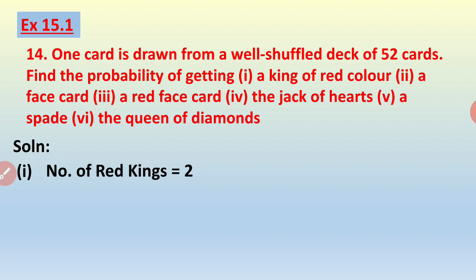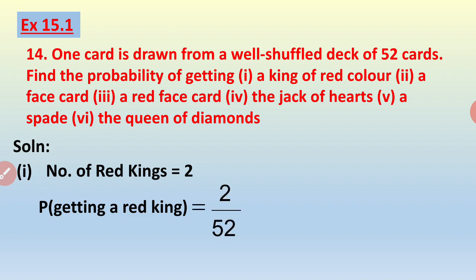There are basically 2 red colored kings. One is of hearts and the other is of diamond. Both are red in color. So the number of red kings is 2, and the total number of cards is 52. So the probability of getting a red king will be 2 upon 52, which is 1 upon 26.